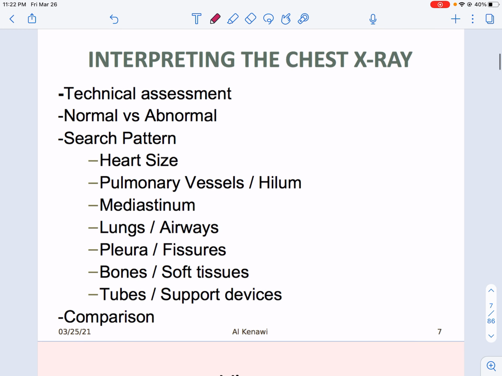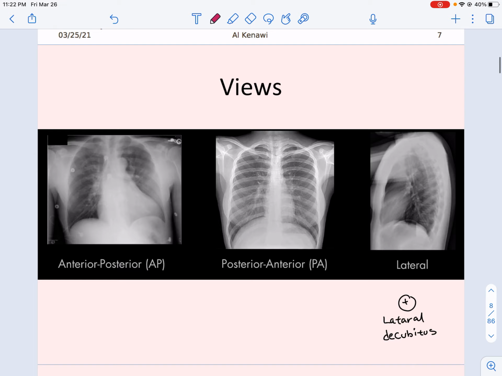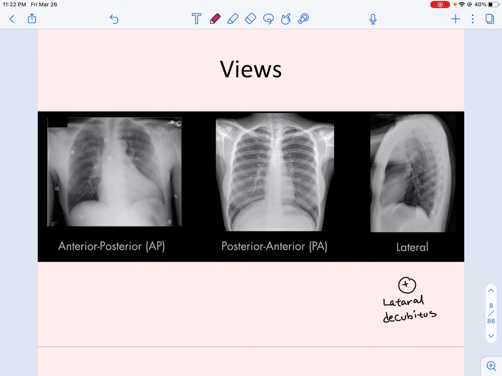For interpreting the chest x-ray, I'll go over a systematic approach. But for now, first I'll talk about the views for the chest x-ray.